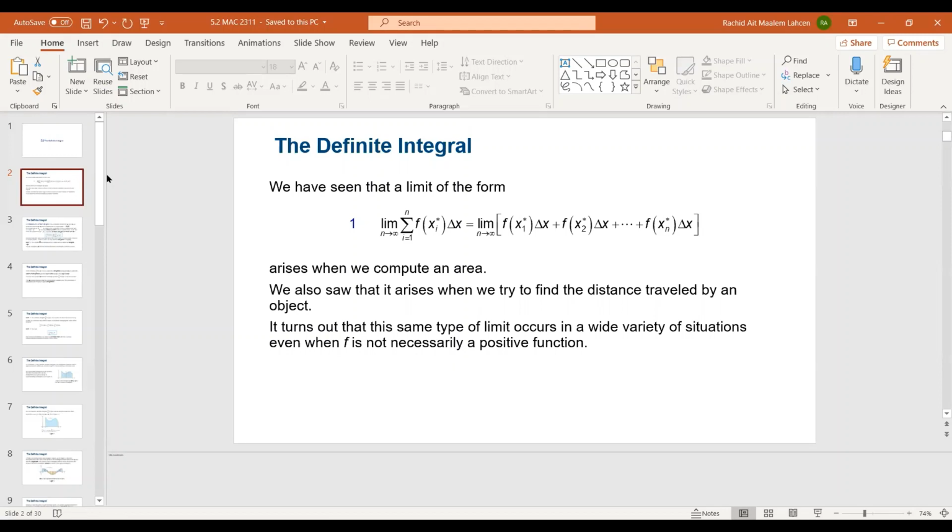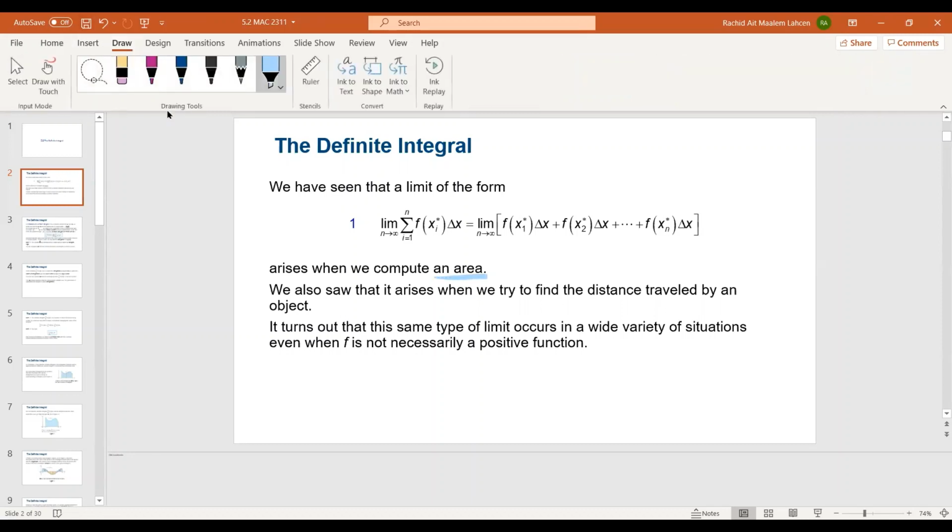And the long form of it means this: you're going to sum these parts to try to get a true value, and that comes from computing an area. We also saw that it arises when we worked on the distance traveled by an object, and so the two problems in 5.1 were the area and the distance.